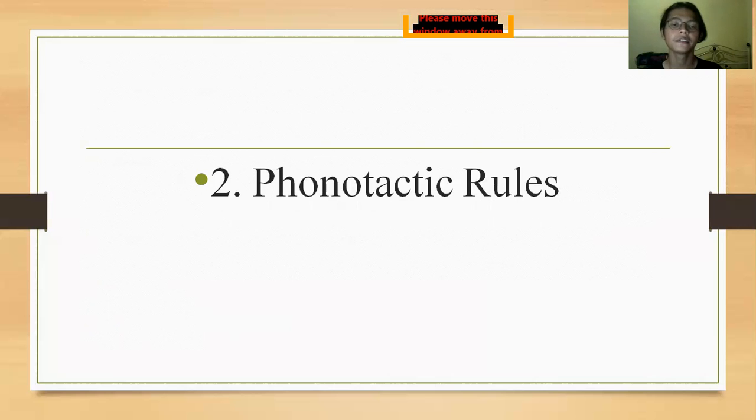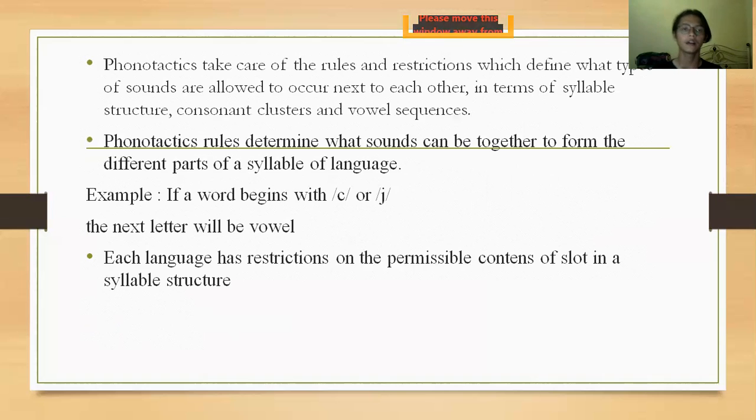And then number two is phonotactic rules. Phonotactics takes care of the rules and restrictions which define what types of sounds are allowed to occur next to each other in terms of syllable structure, consonant clusters, and vowel sequences. Phonotactic rules determine what sounds can be together to form the different parts of a syllable of a language.